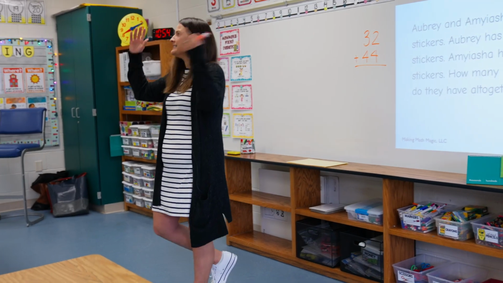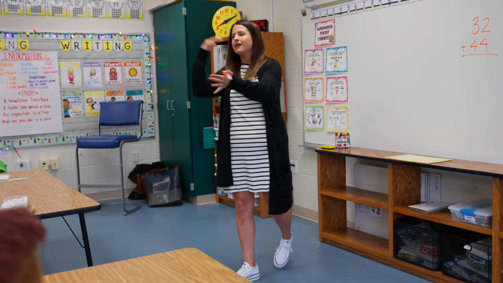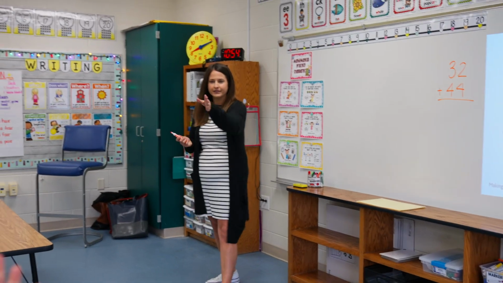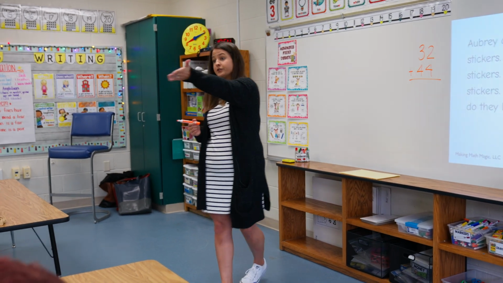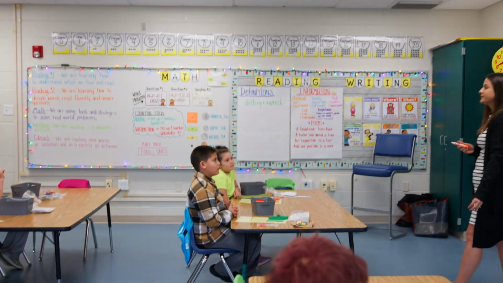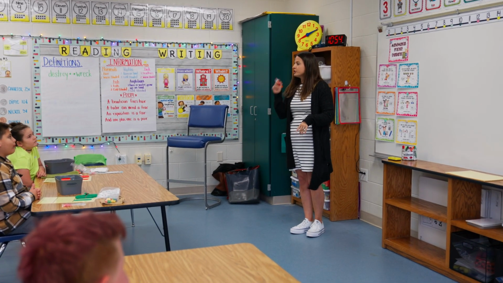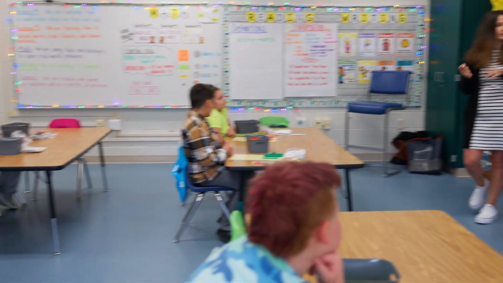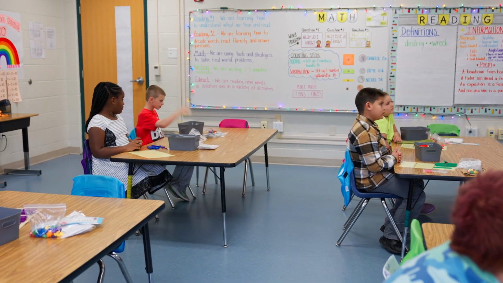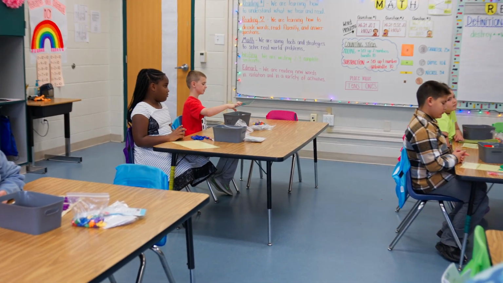How could we do it if I didn't have sticks with me? What's another strategy we could do? Yes? You could use bears. What else could you use? Number line. Number line. So we have a big number line up here. Max, show me how you would use a number line to add 2 plus 4. Where do you begin? You begin at the first number that you start with.